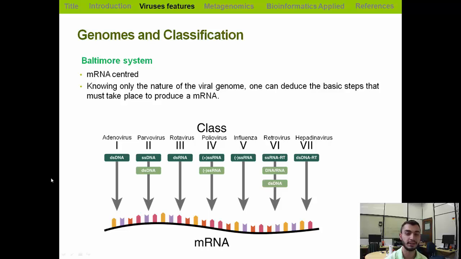There isn't this enzyme in the cell, so the virus needs to bring it with it, and then to replicate. So we have here the double-strand RNA, and this double-strand RNA needs to produce mRNA. In order to do that, it will use RNA polymerase RNA dependent that it brings with it.